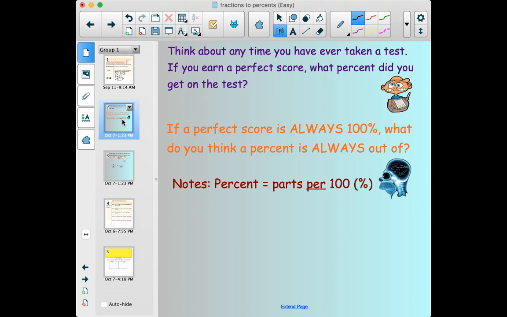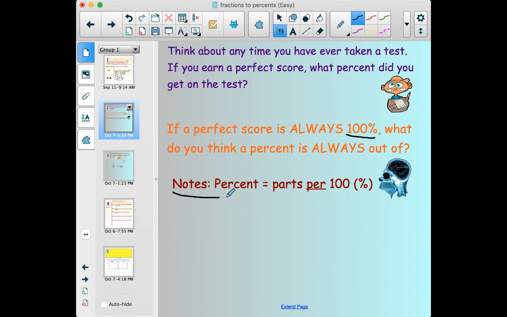So another reminder about what percent means. Think about any time you have ever taken a test. If you got a perfect score, what percent is that? Well, a perfect score on a test is 100%. That means you got everything right. You got all the points, and that's 100%. A percent means it's always out of 100. So 100 out of 100 would be perfect.